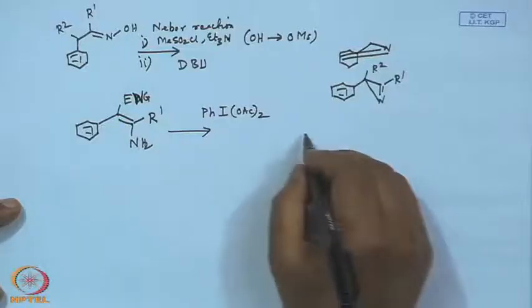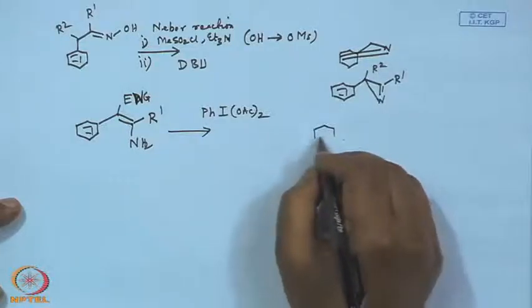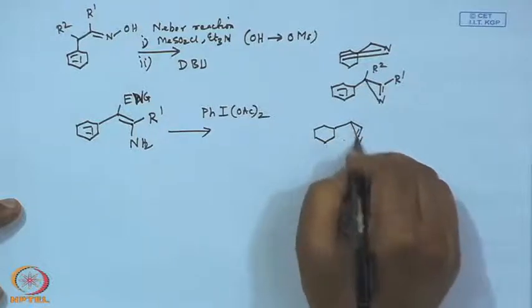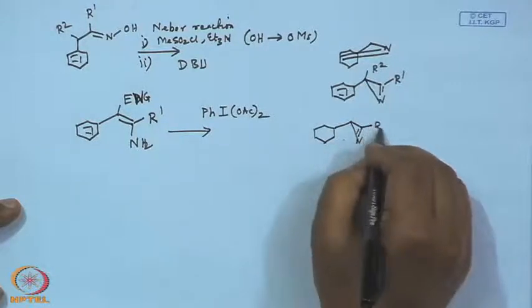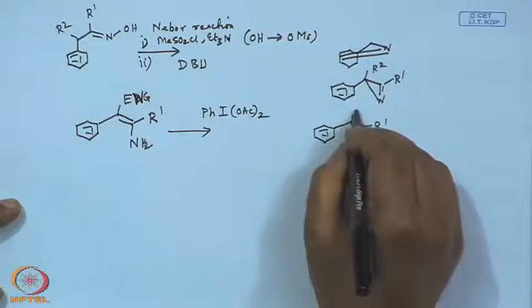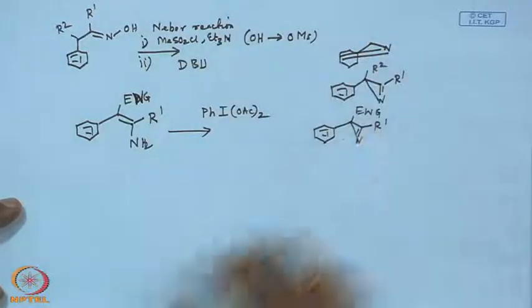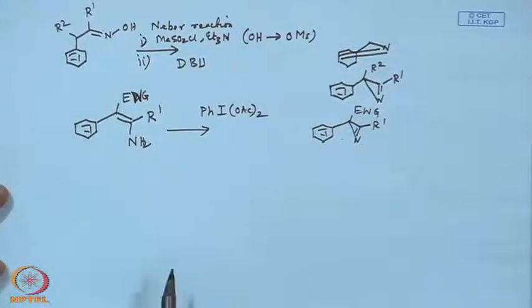So, that means it does not cause any decomposition of the products or the starting materials. It is a nice oxidizing agent, and so what you get once again is this substituted azidine here and electron withdrawing group here. Okay. So, that means you can have all kinds of azidines.